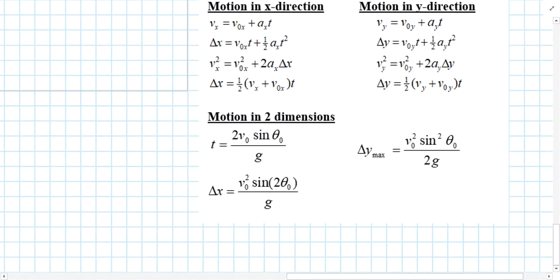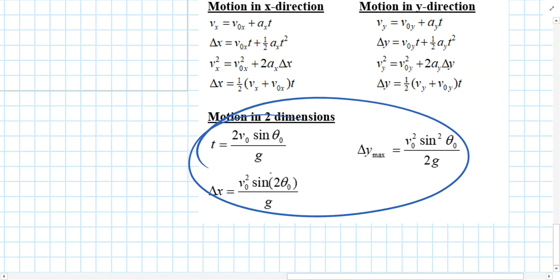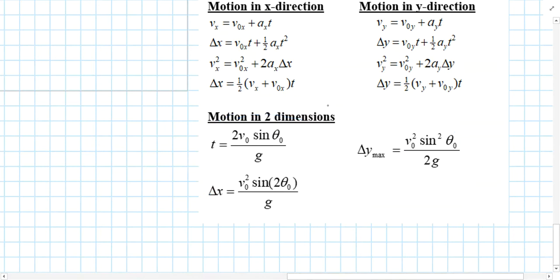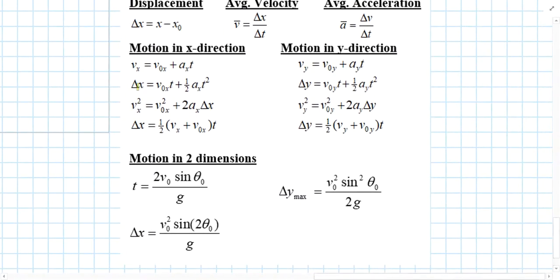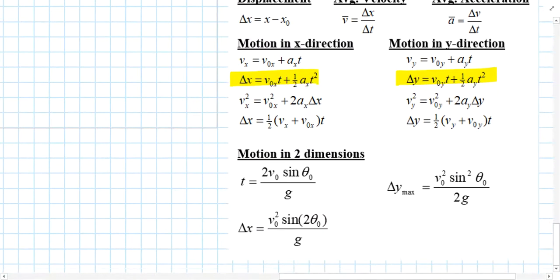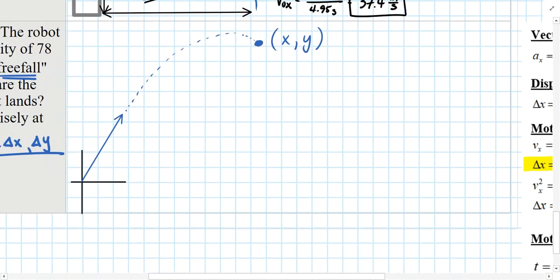And so while we may think that we're actually using one of these formulas down below, I don't think that's actually necessary. In fact, these two specifically are really good for uninterrupted paths of flight, something like this where it follows a curve this way, not one that gets interrupted. So let's go ahead and use our delta x and delta y, motion in single directions, and we'll just combine them as a result here.